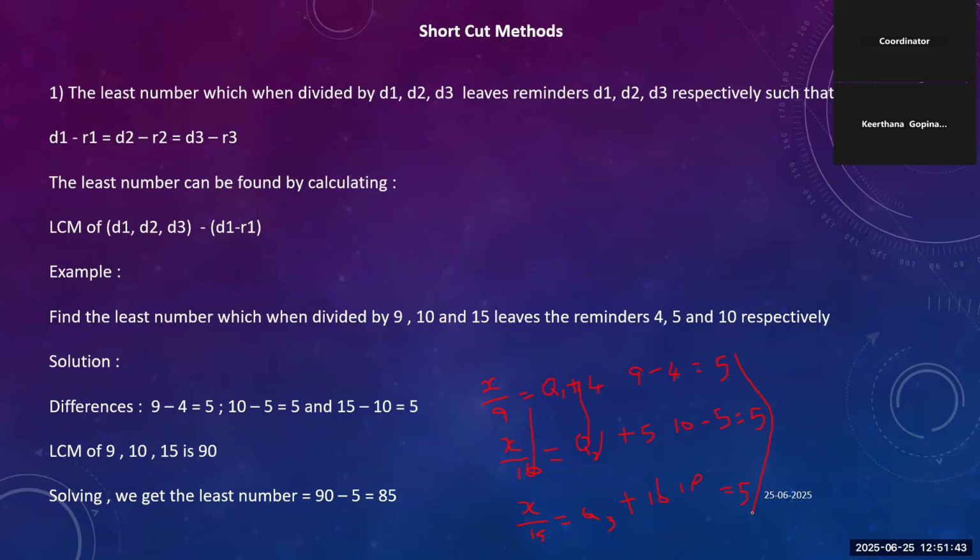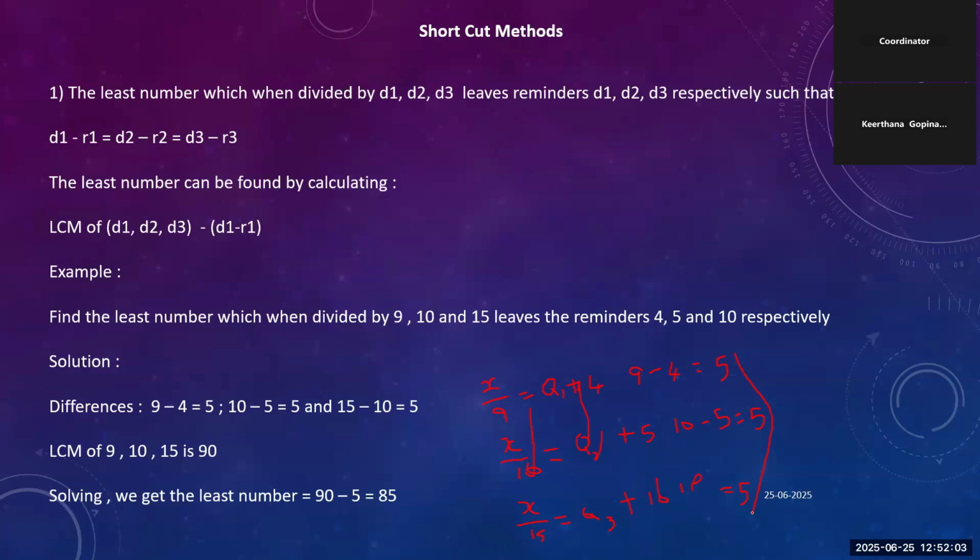If we got 5, 4, 3, we should not use this logic. This logic can be used only if divisor minus remainder is the same.